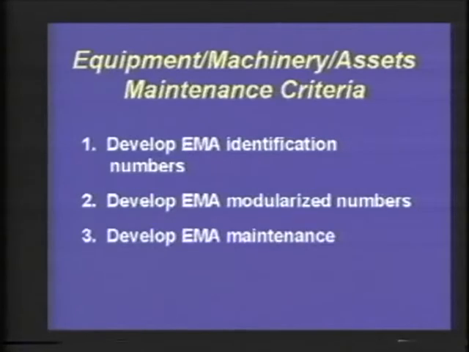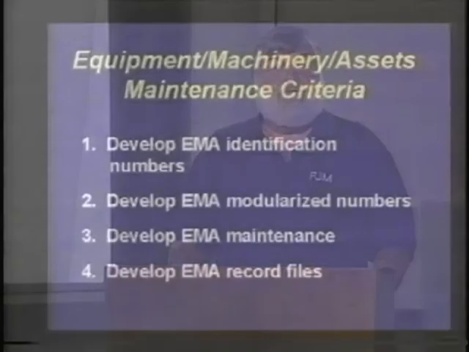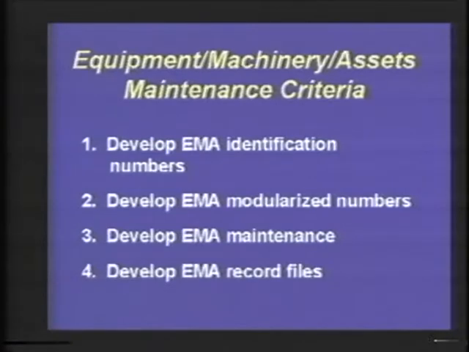Item 3 is the development of all of the equipment's maintenance requirements that we previously discussed on the previous page. Now, we have to develop in step 4 the various records and files, and that's why it's important to maintain the integrity of these files and records by a new part notice system and also an engineering change notice system, plus the obsolescence program.